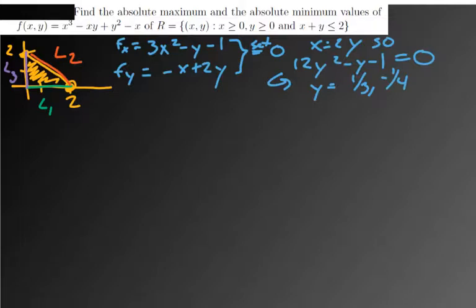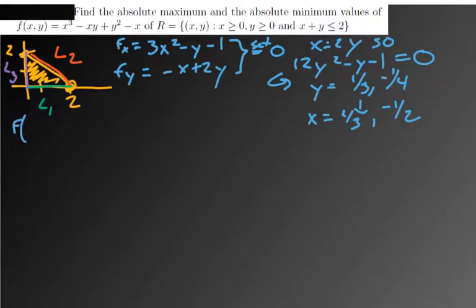Similarly, the corresponding x for a third would be 2/3, off of x equals 2y. And for the negative quarter, it's negative a half, right? 2 times negative a quarter. Then you can plug these things in.